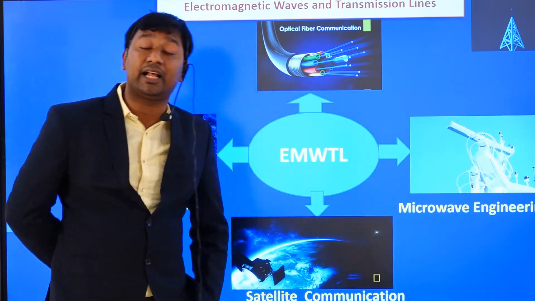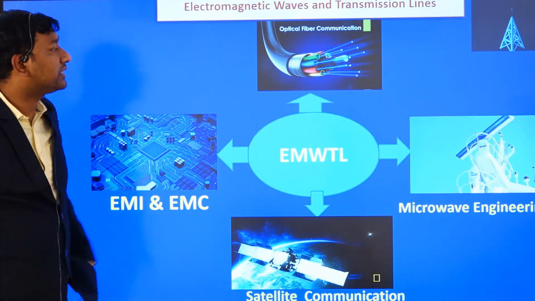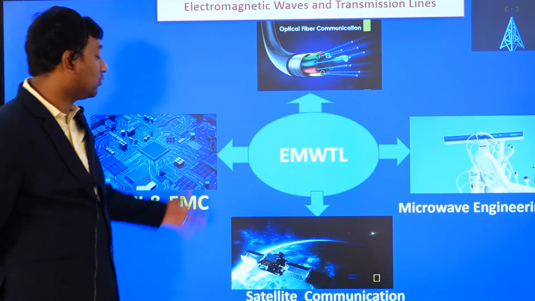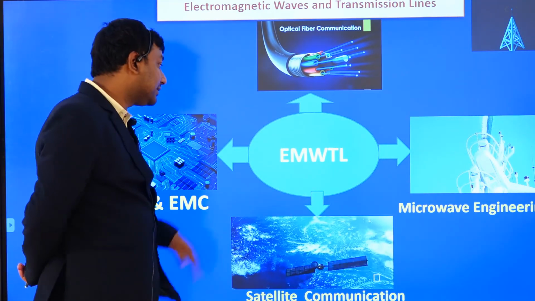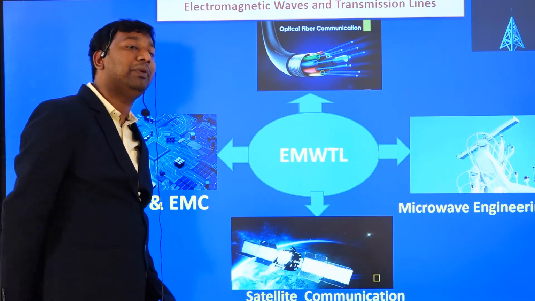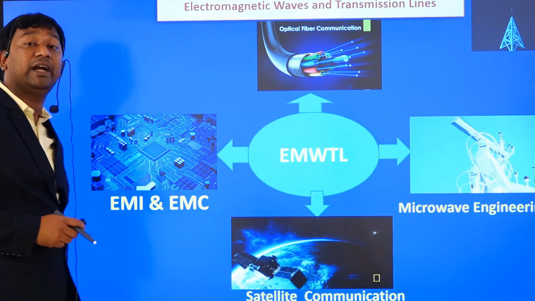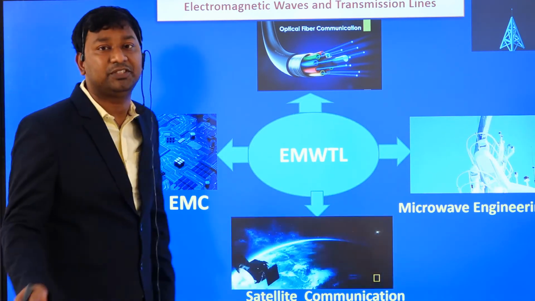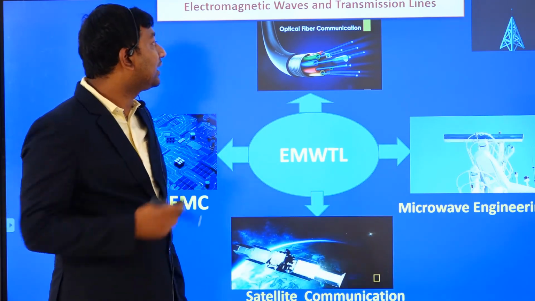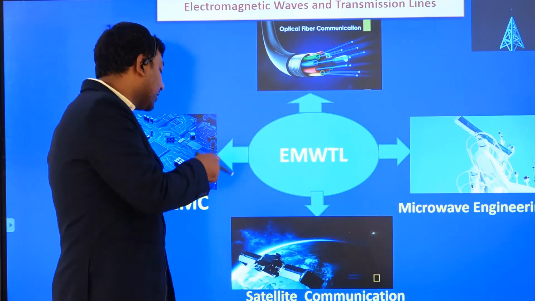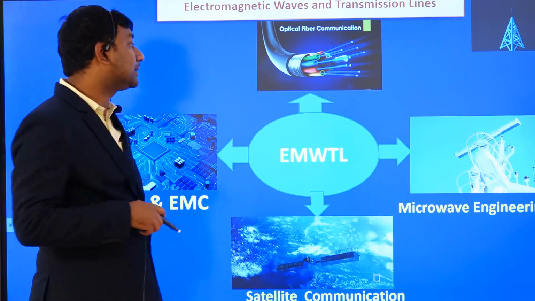Again, the amplifier is there, so electromagnetic interference is also there. We will see this in the next units, indirectly related to EMWTL. This is one of the basic subjects, and one of the toughest subjects in engineering. It covers optical fiber communication, microwave engineering, satellite, EMI and EMC.